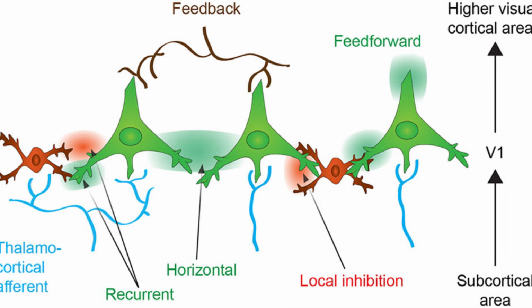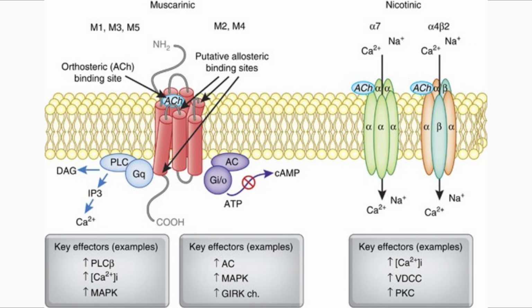An STDP protocol that would normally produce LTP instead produced LTD when nicotinic ACh receptors were activated, and specifically in layer 2/3 or 5 synapses of the prefrontal cortex, nicotine application flipped the timing of LTP to LTD. Now, this is thought to happen because ACh can activate muscarinic receptors that affect potassium currents, broadening postsynaptic spikes or depolarizing the resting potential, and also because ACh receptors on presynaptic terminals can change release probability.